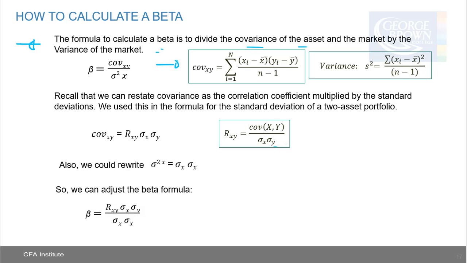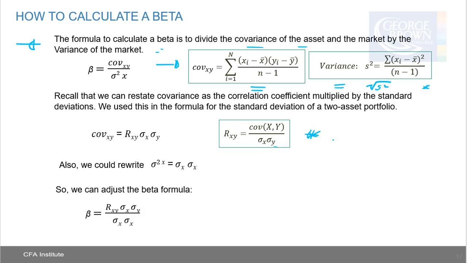And we learned how to calculate covariance in Chapter 8 on quantitative concepts. And also we learned variance in Chapter 8 as well. This is a sample variance, and we understand that the standard deviation is the square root of the variance, okay? So again, this is a nice to know, not a need to know, but remember we also studied correlation.